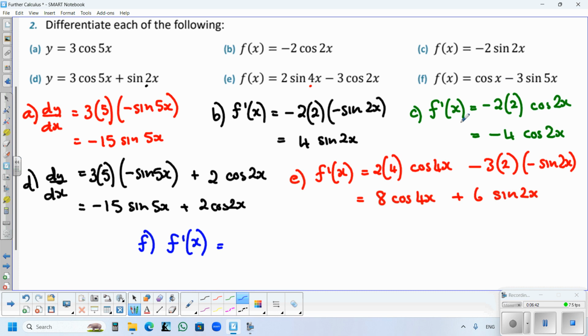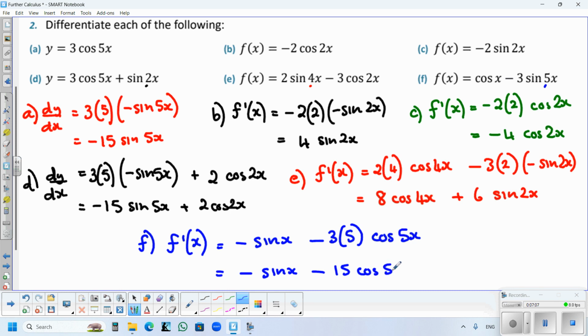Now we know the derivative of cos x is minus sine x. Then I've got a minus 3, I'll write that down. And then I've got a 5 in front of the x, so I'm timesing that by 5, and the derivative of sine is cos, so it's cos 5x. Tidy all of that up, gives us minus sine x minus 15 cos 5x.